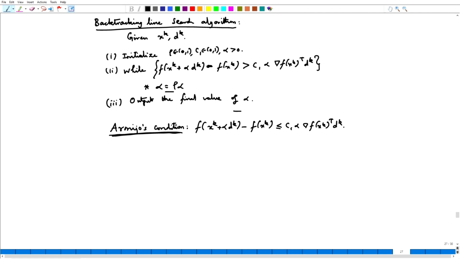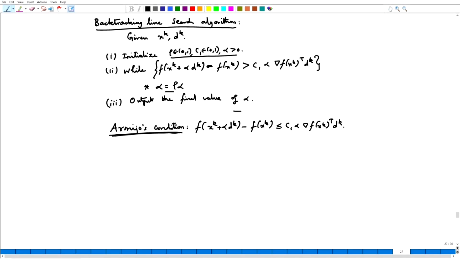So, when this condition is not satisfied, let us say I have chosen alpha equal to 1 initially. When I initialize the values of rho, C1 and alpha, I chose alpha equal to 1, for example, and I saw that Armijo's condition is not satisfied. So, I shrink the value of alpha, it becomes equal to rho, so if rho is 0.9 then it becomes 0.9. Then I again check if alpha equal to 0.9 satisfies Armijo's condition or not.